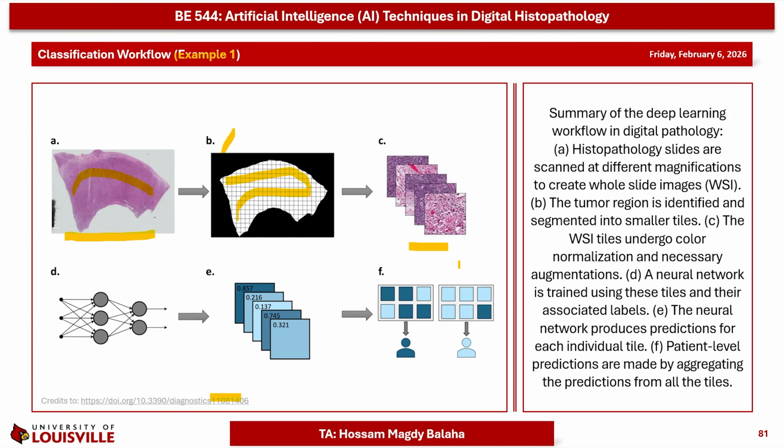But here, the authors applied preprocessing, and generally the aim of preprocessing is to make the data ready for the classification task. Then, a machine learning or deep learning model is trained on those tiles with associated labels. Let's say tumor and non-tumor, or tumor with grade A, tumor with grade B, and so on.